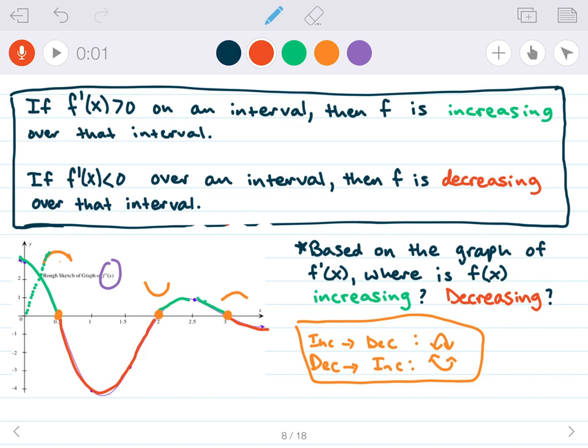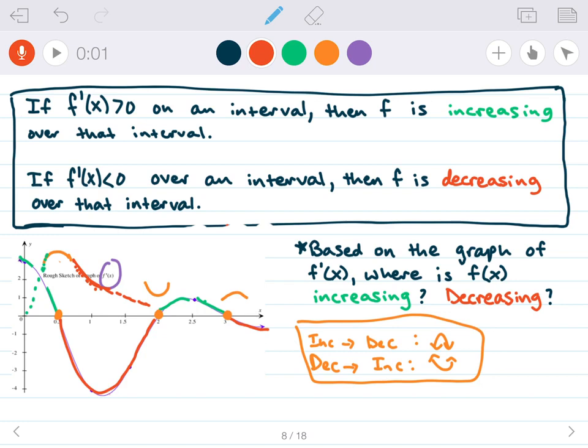Okay, so maybe it'll look like this, maybe. Maybe I'll do that a little bit. Okay, so it's decreasing, decreasing, decreasing. Again, this isn't going to be a beautiful picture, but I think you get the point.